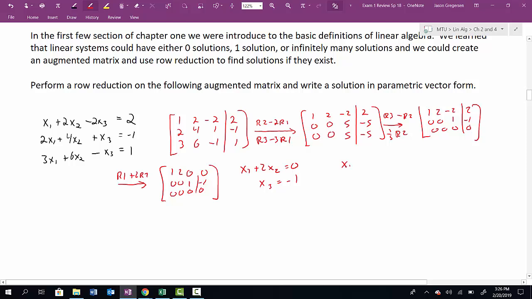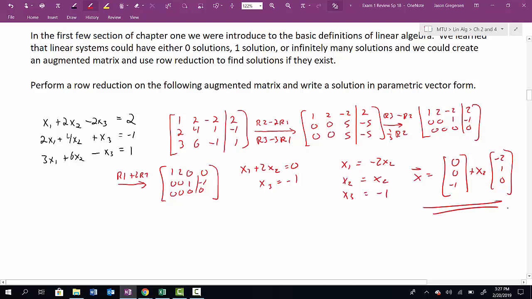So now I solve for x1, x2, and x3 and get my solution in parametric form. This is x1 = -2x2. x2 is free. x3 is -1. Written as a vector, I would have a vector of constant stuff that would look like this, and a vector of x2 stuff that would look like that. And that should be my solution in parametric vector form.